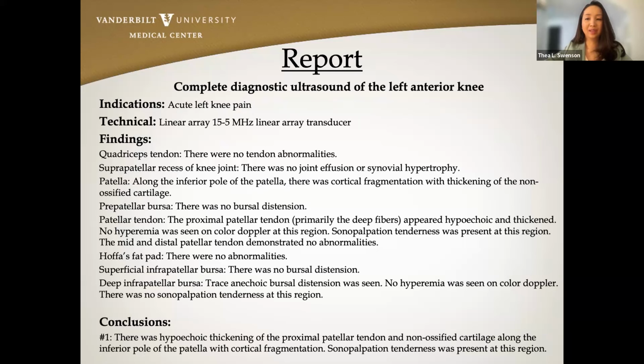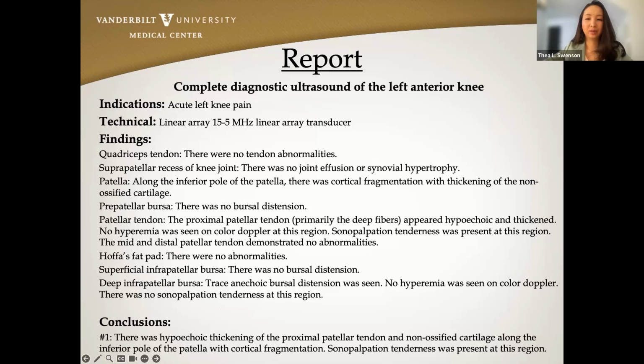There was no hyperemia seen on color Doppler at this region, and so no palpation tenderness was present. And then at the patellar tendon, the proximal patellar tendon was hyperechoic and thickened. No hyperemia was seen on color Doppler at this region, and so no palpation tenderness was present. But the mid and distal patellar tendon did not demonstrate abnormalities.